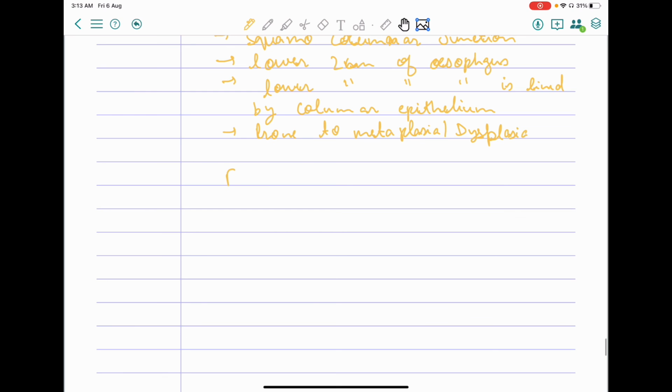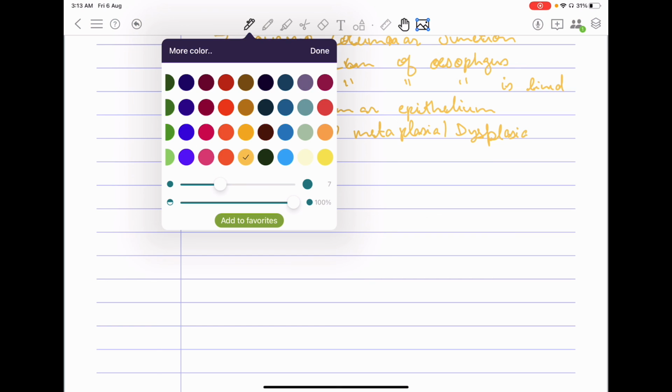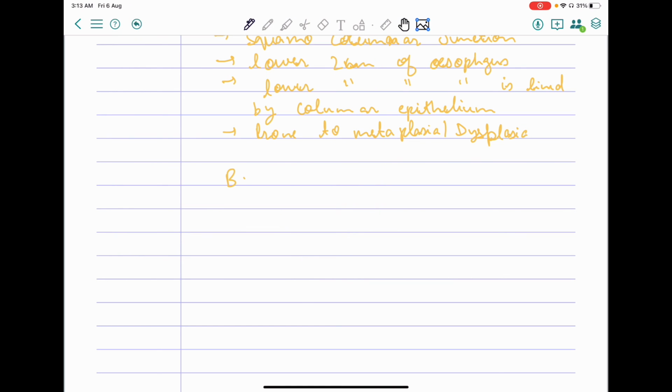So what happens in Barrett's esophagus? In Barrett's esophagus, the Z line moves 5 centimeter above the GEJ, the gastroesophageal junction.